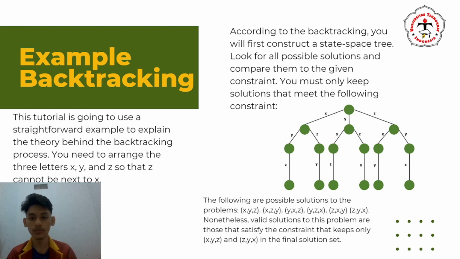You must only keep solutions that meet the constraint. In the picture, the following are possible solutions to the problem: XYZ, XZY, YXZ, YZX, ZXY, ZYX. Not all are valid solutions to this problem. Those that satisfy the constraint keep only XYZ and ZYX in the final solution set.